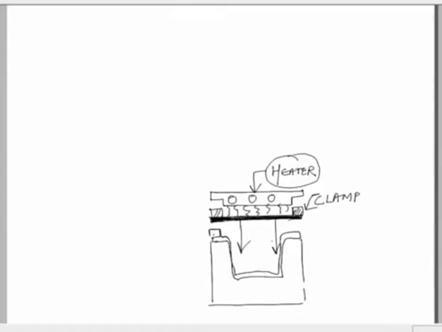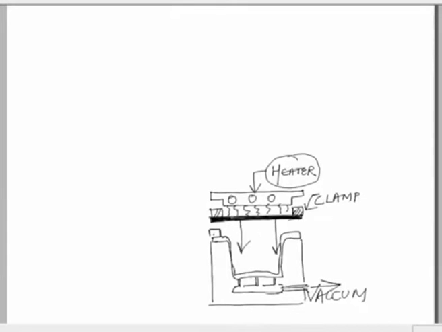It has got the indication to come down because the name of the process is vacuum forming. So, here we are going to apply vacuum. So, when we will apply the vacuum at this particular point, it is going to apply a force on the heated sheet.